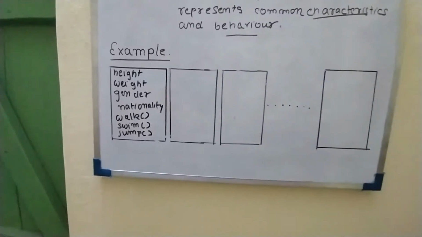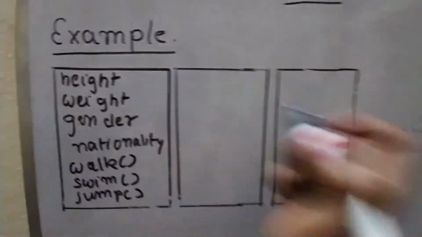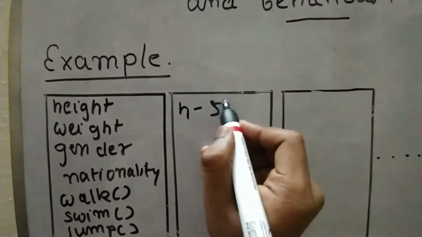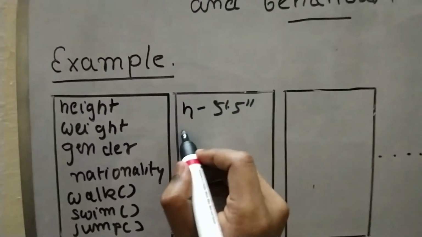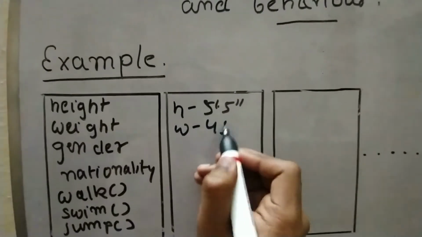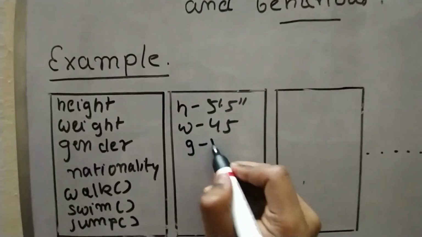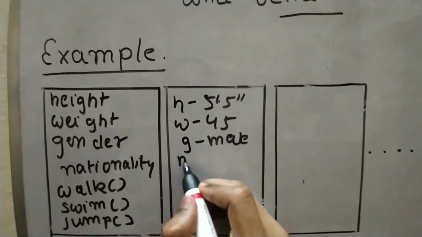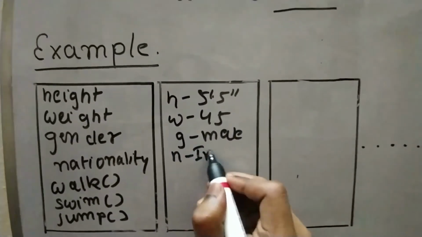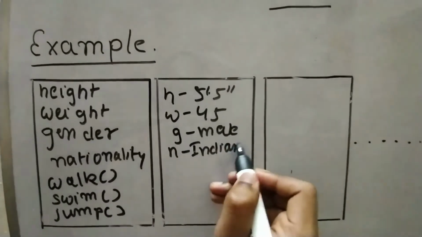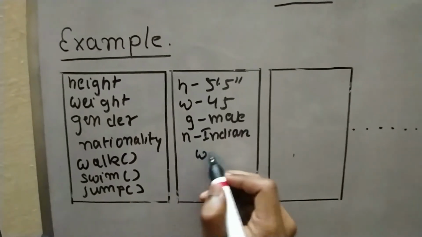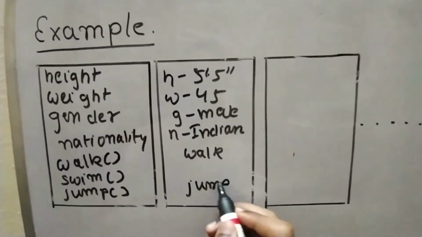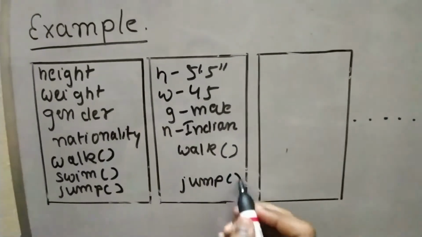Now, suppose I have a person whose height is 5 feet 5 inches, weight is 45, gender is male, and nationality is Indian. He can walk as well as he can jump.